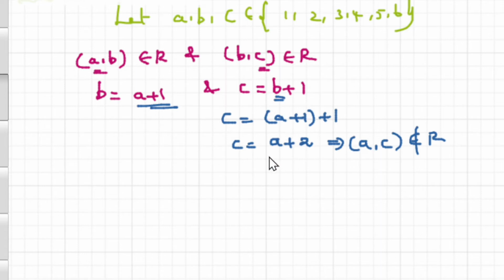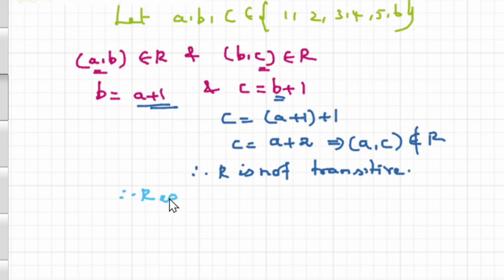Hence A comma C does not belong to R. Therefore we can conclude that R is not transitive. So from this it is clear that this R is not reflexive, not symmetric, and not transitive.